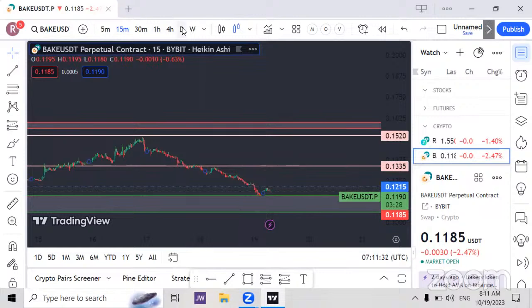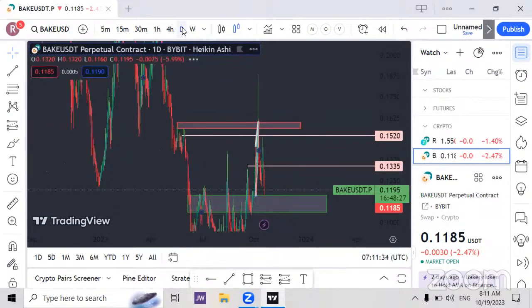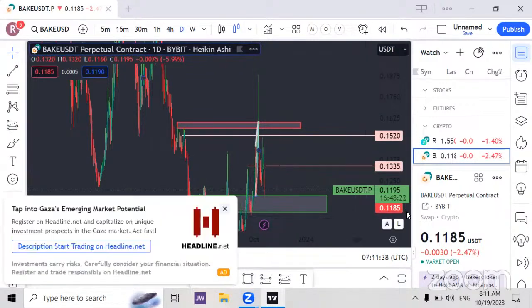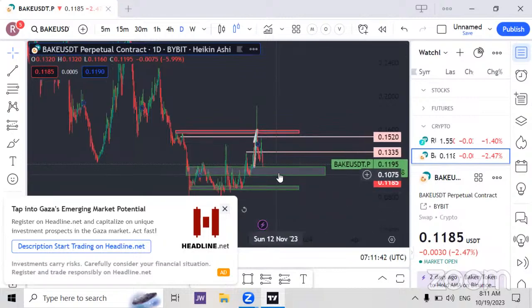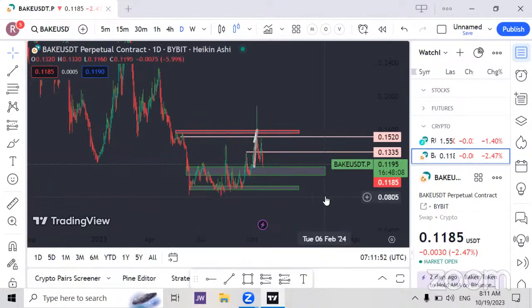I did see this token from 0.091 to this last 0.0920. That's what I'm trading right now. Yes, it is a screen trade.